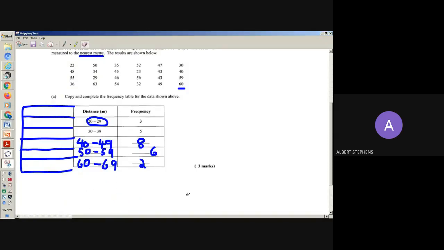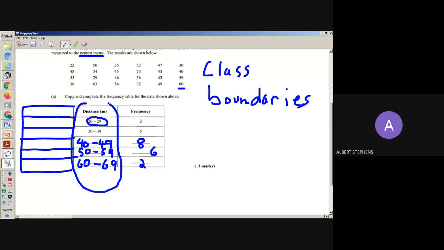Now, you have something called class boundaries. These are called class intervals, but there's something called class boundaries.